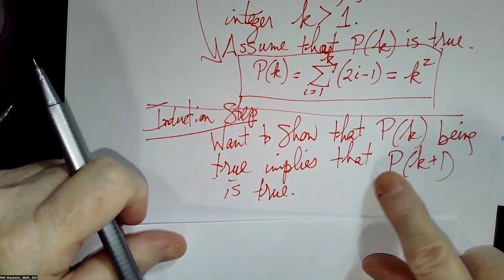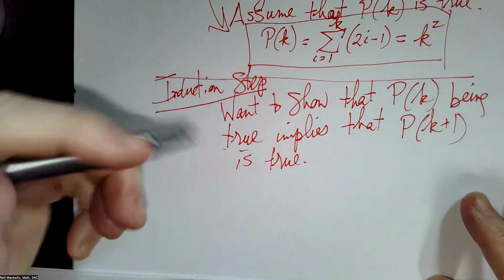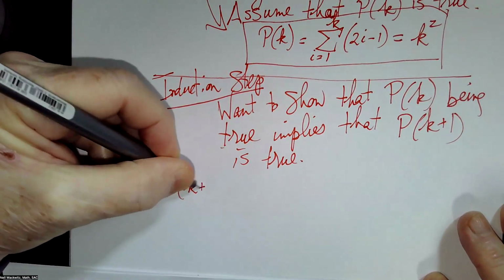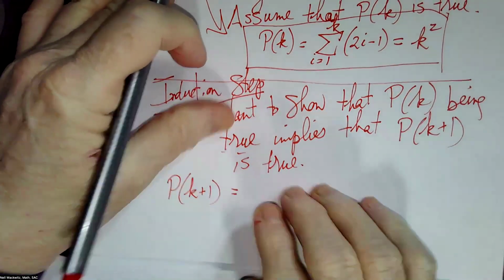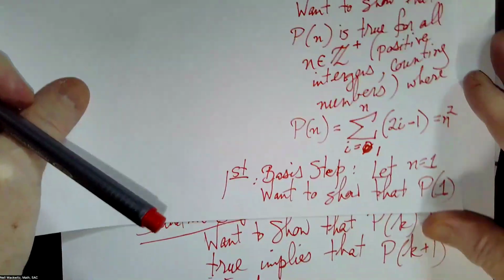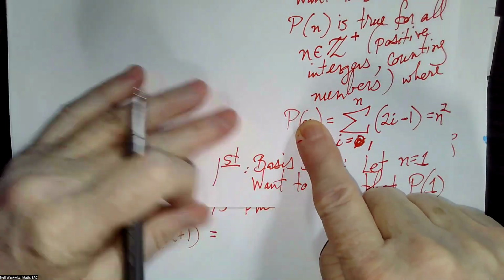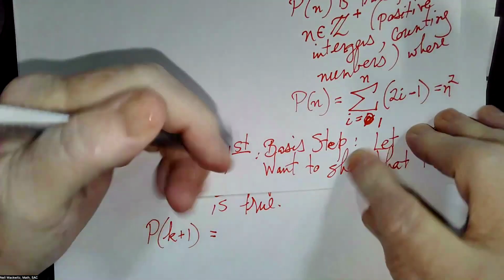Well, it'll help us to write what P of k plus 1 looks like. Well, we're going to use this rule again. And we're going to replace n with k plus 1s.